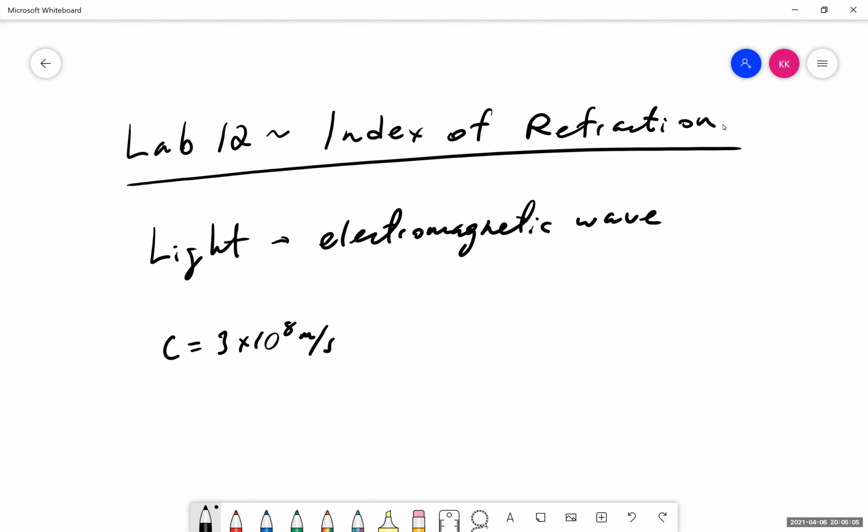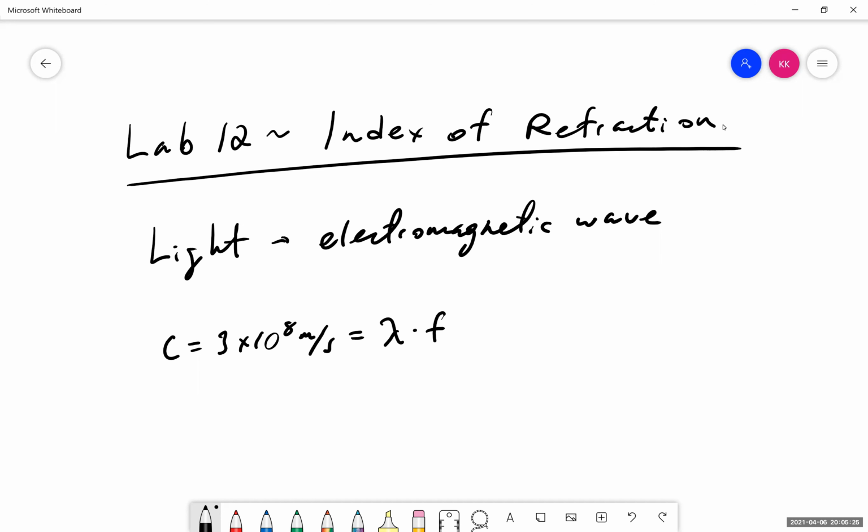That means you can find the wavelength and the frequency, and the product of wavelength and frequency is what you will have for the speed. That means the wavelength of the light in vacuum times its frequency, you will get this number, 3 times 10 to the 8 meters per second.